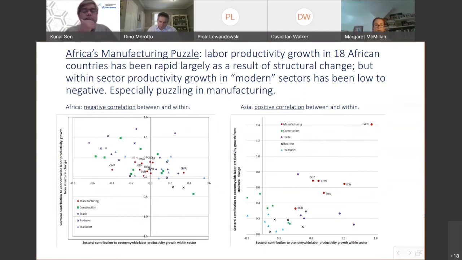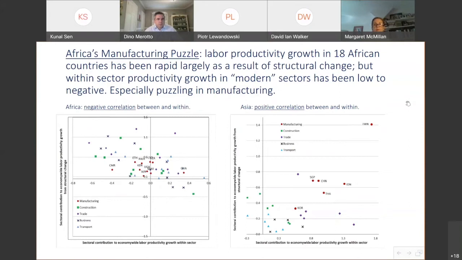And this is just the patterns I've just mentioned. Here you see for Africa, a downward sloping line would fit nicely through these points, whereas an upward sloping line would fit nicely through these Asian countries where structural change was accompanied by positive productivity growth.